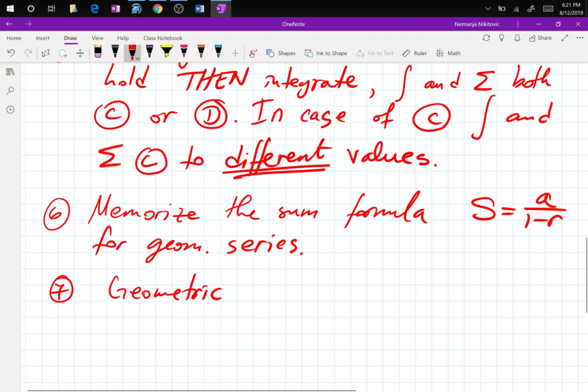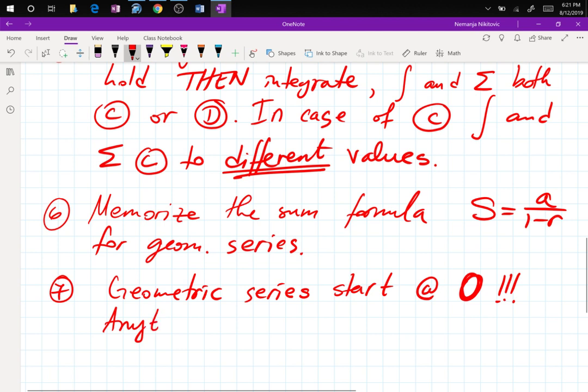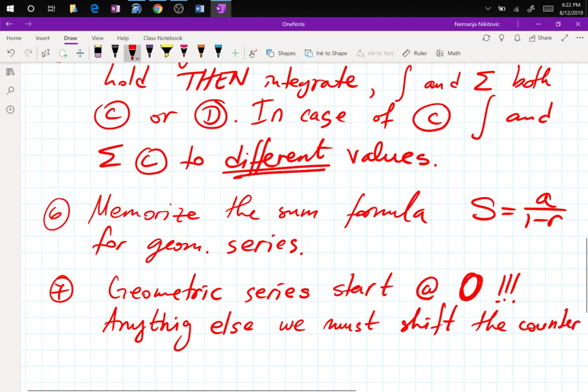Geometric series start at 0. Anything else, we must shift the counter. If you don't know what I'm talking about, the lecture has details on shifting the counter. Straightforward, it's just a procedure that takes some time.